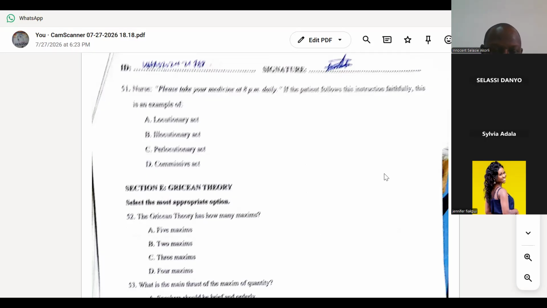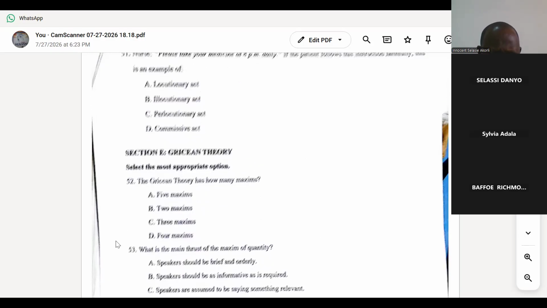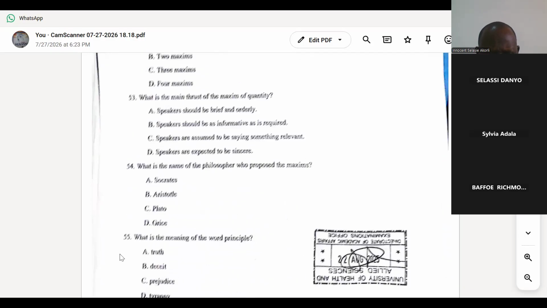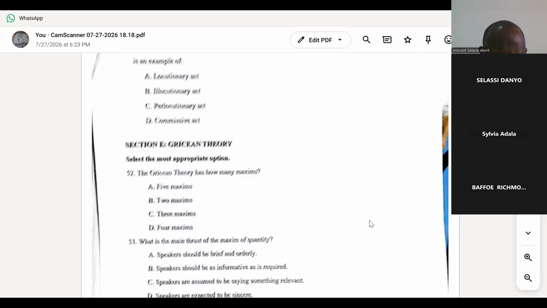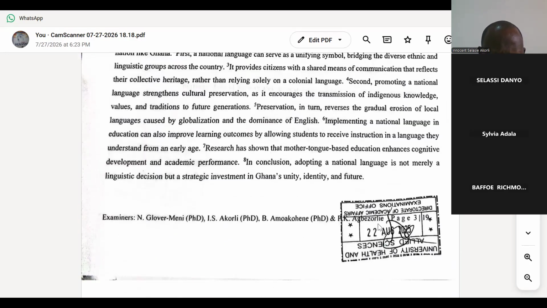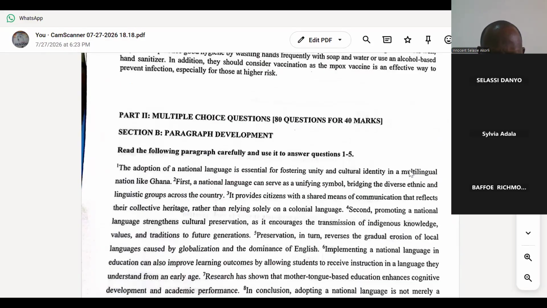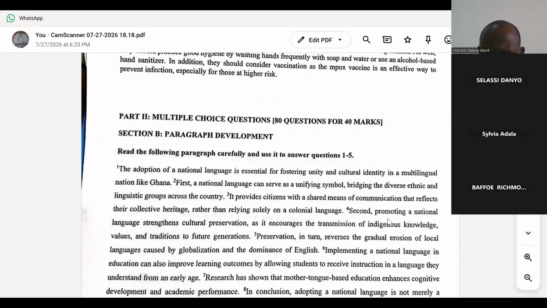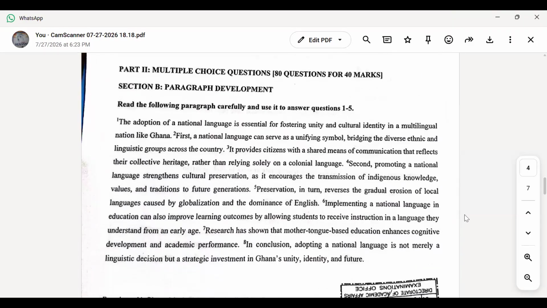Okay. Very good. Have we looked at some questions on the paragraph before? Have we looked at this paragraph before?